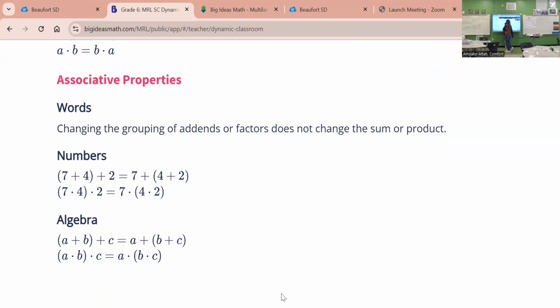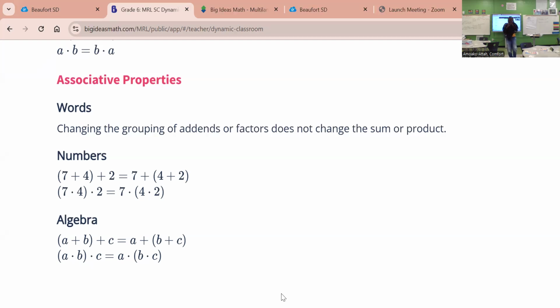So with 7 plus 4 plus 2, grouping as we have 7 plus 4 in parentheses, and now we have 4 plus 2 in parentheses, you should arrive at the same answer. For the first expression, 7 plus 4 is 11, plus 2 is 13. The second expression, 4 plus 2 is 6, plus 7 is 13. So regrouping them should also give the same answer.